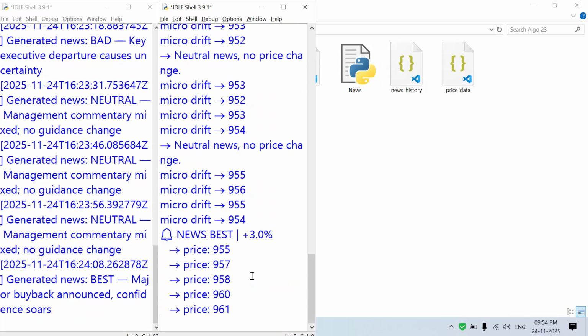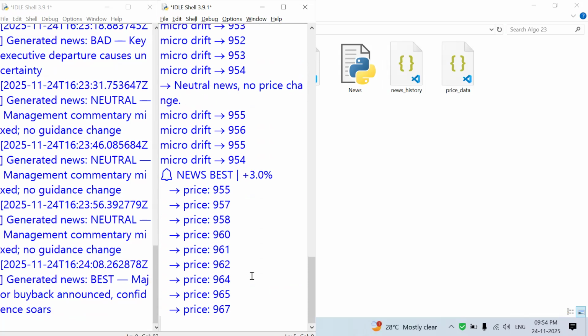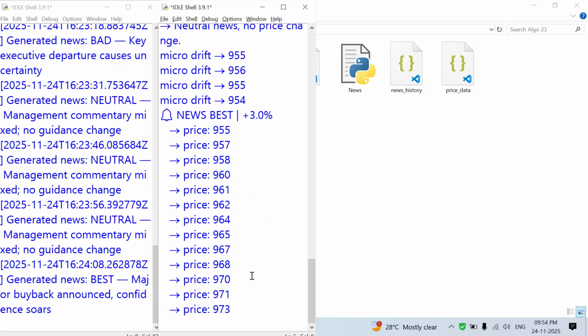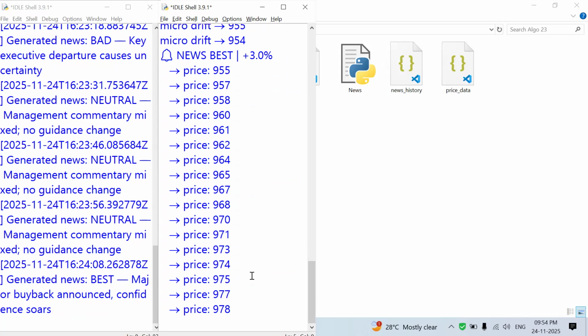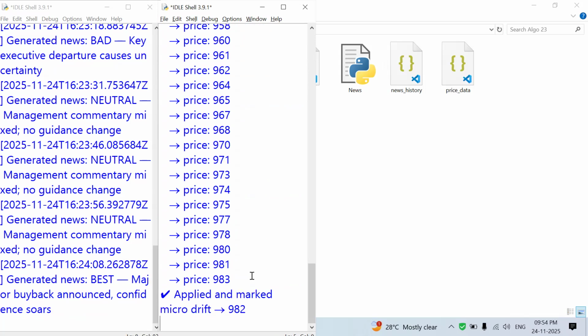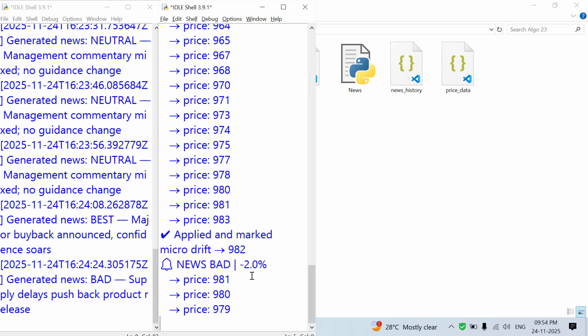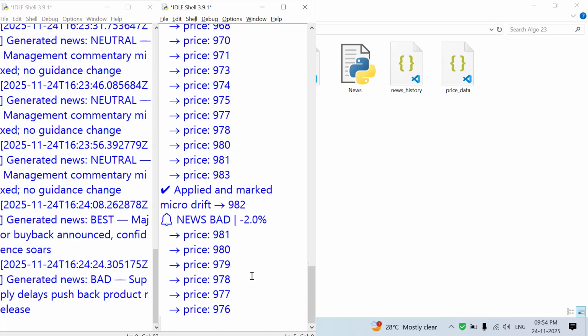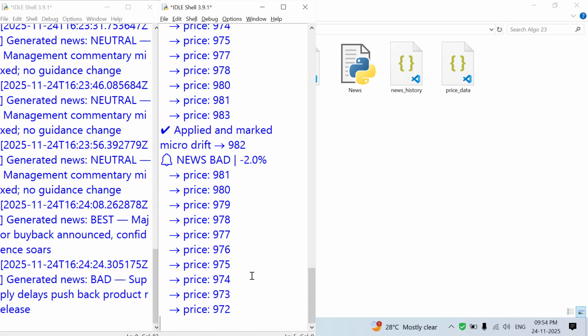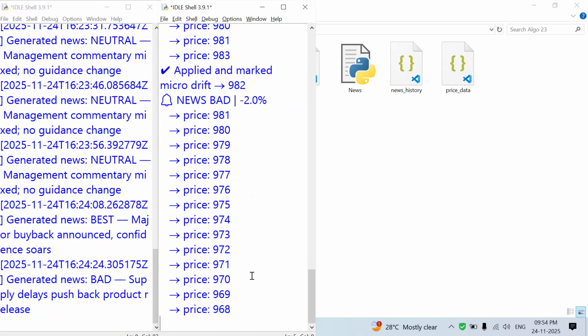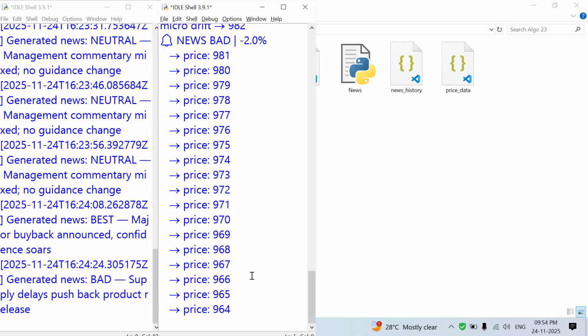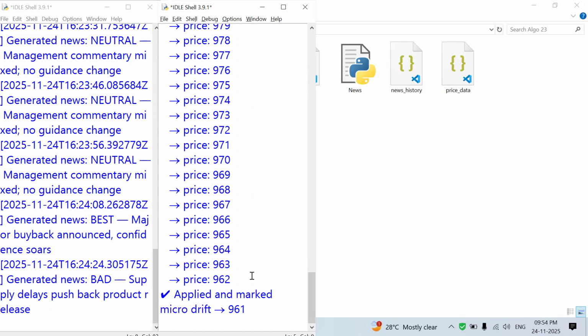You can see the trigger has started, the market is moving like anything to plus 3% of the value, very quickly. Again, bad news has come after good news, a 2% fall in the market, a fast fall. This is the highest level of volatility we are seeing currently.